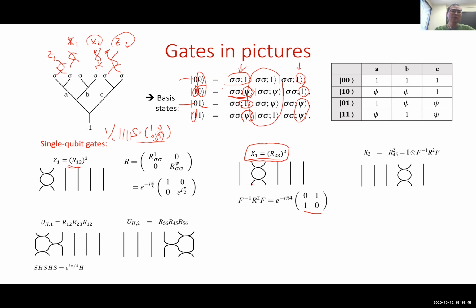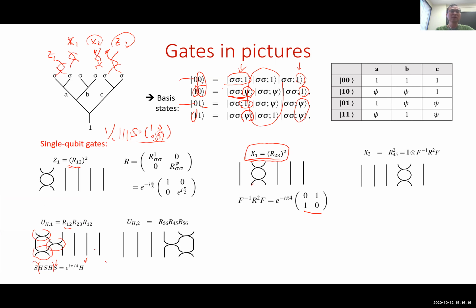And then also the Hadamard gate, which is doing the braiding of 1 and 2 first, then 2 and 3, and then 1 and 2. You can verify this: braiding 1 and 2 is the S gate, and braiding 2 and 3 is a basis transformation of the S. And then the final S is on 1 and 2, and you can multiply and see that this is the Hadamard gate.